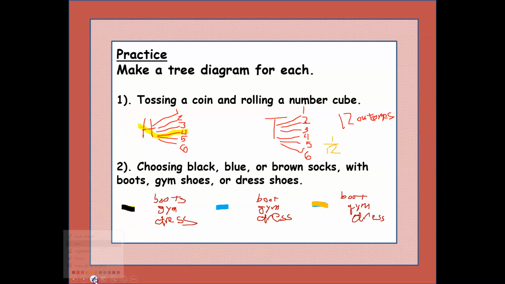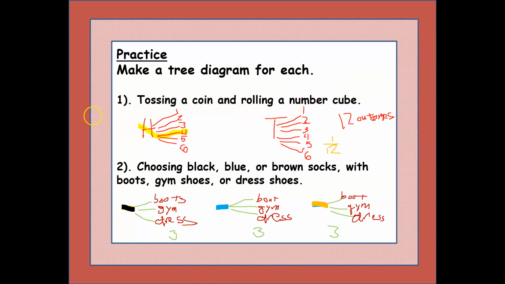So if we look at it now, we have 3 different options: boots, gym, dress. We have 3 options for black socks, 3 options for blue socks, and 3 options for our brown socks.